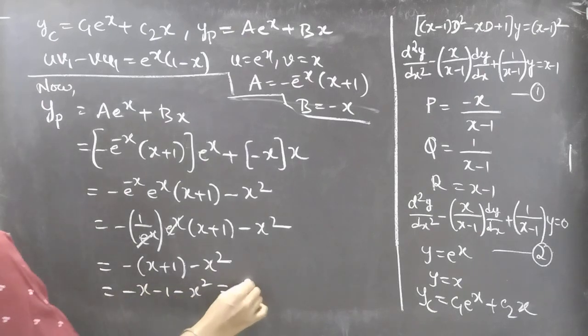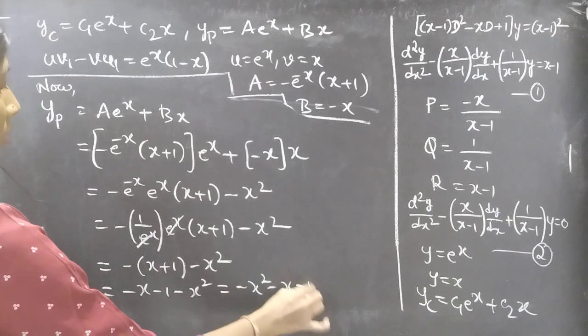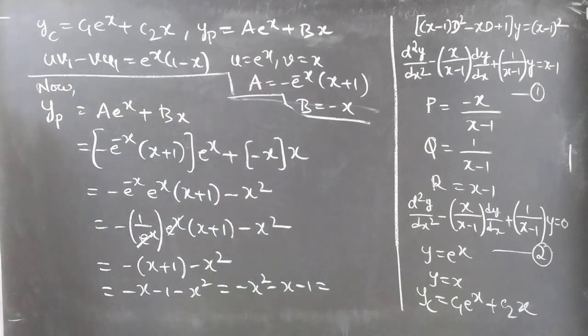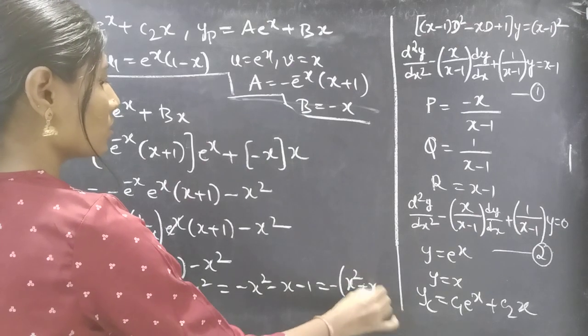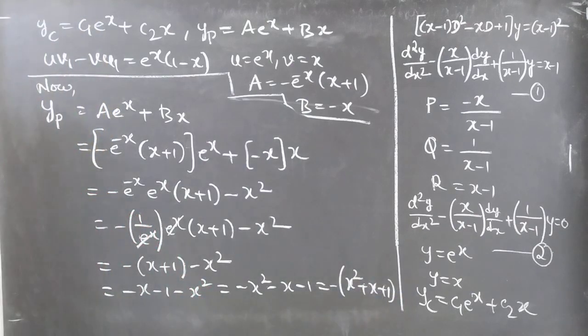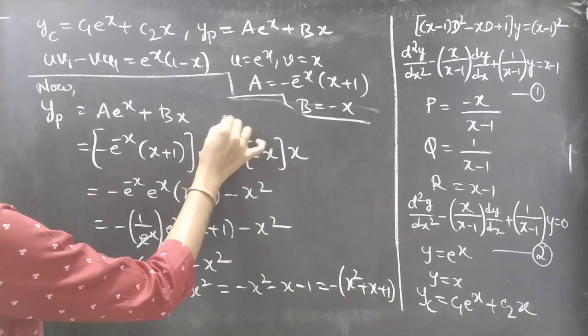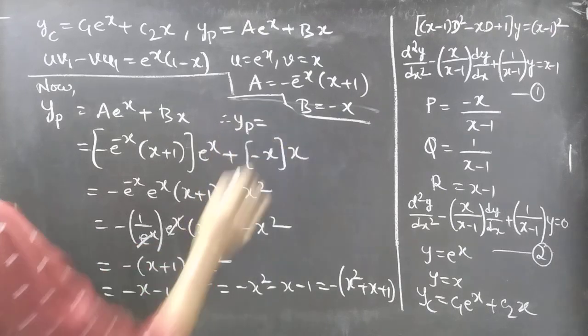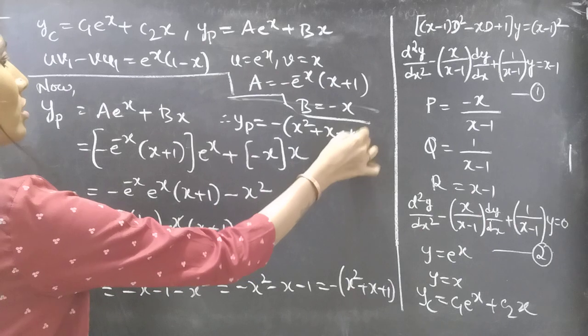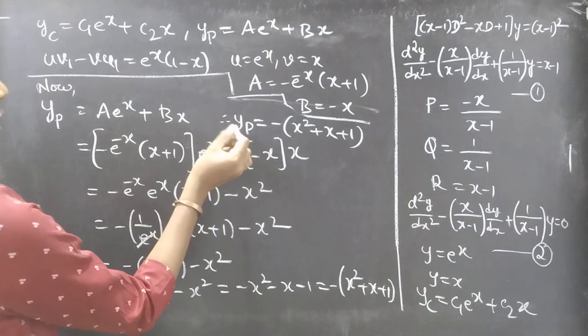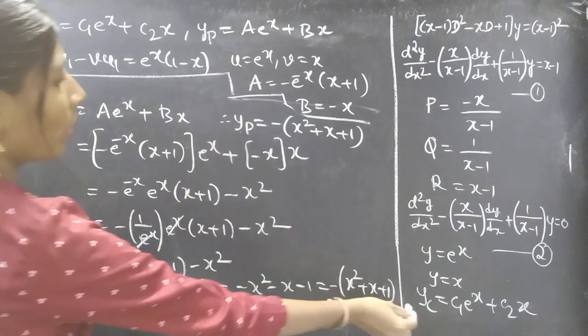We can write it as minus x square minus x minus 1. Now we can just take minus common from all the three terms and we'll get minus of x square plus x plus 1, which is our required yp. Therefore, yp equals minus of x square plus x plus 1. We got yp and yc.